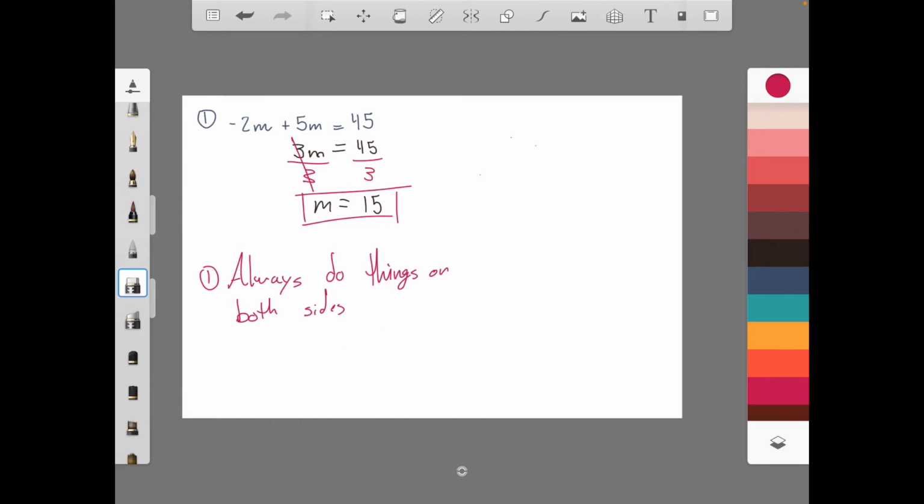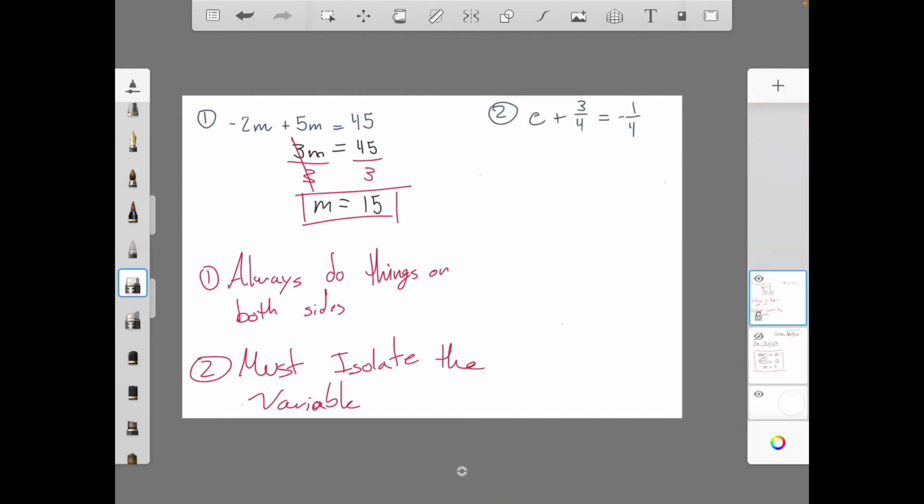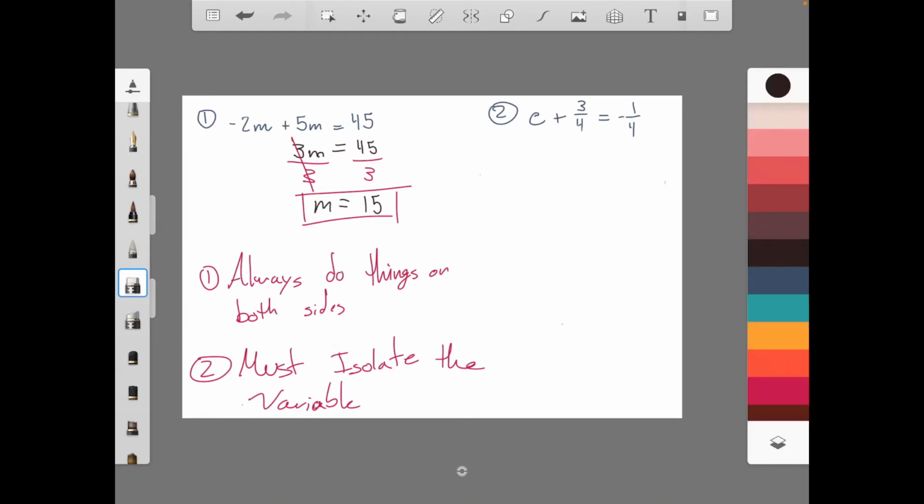Okay, now I'm going to move to a second exercise. So our exercise is going to be c plus 3/4 is equal to negative 1/4. Okay, so the first thing we want to do is isolate this c.